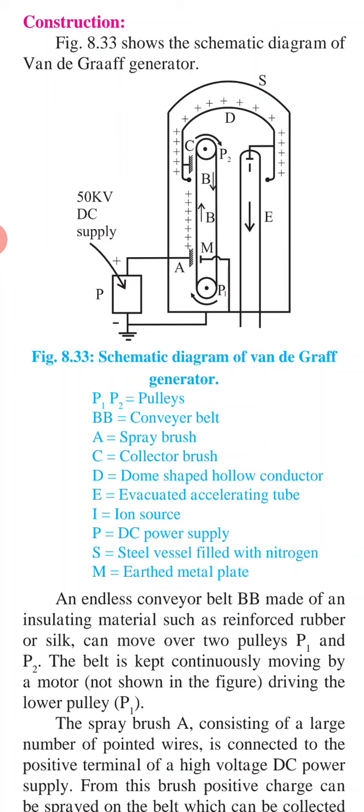From this brush, positive charge can be sprayed on the belt, which can be collected by another similar brush C. This brush is connected to a large dome shaped hollow metallic conductor D. You can see here in the diagram the metallic conductor D, which is mounted on insulating pillars.